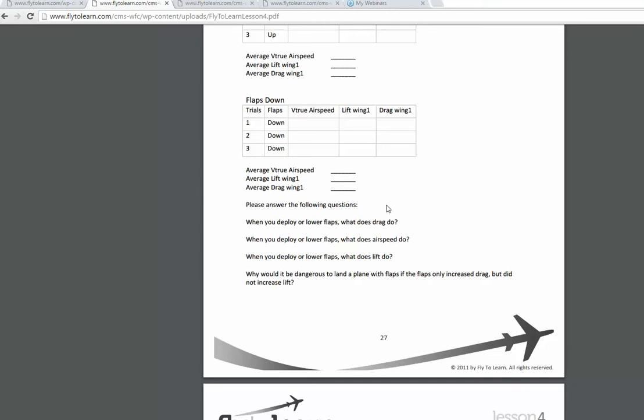Drag does slow you down, so that's the answer for the next one. Drag actually is going to increase. Alright, so lowering the flaps does cause an increase in drag.